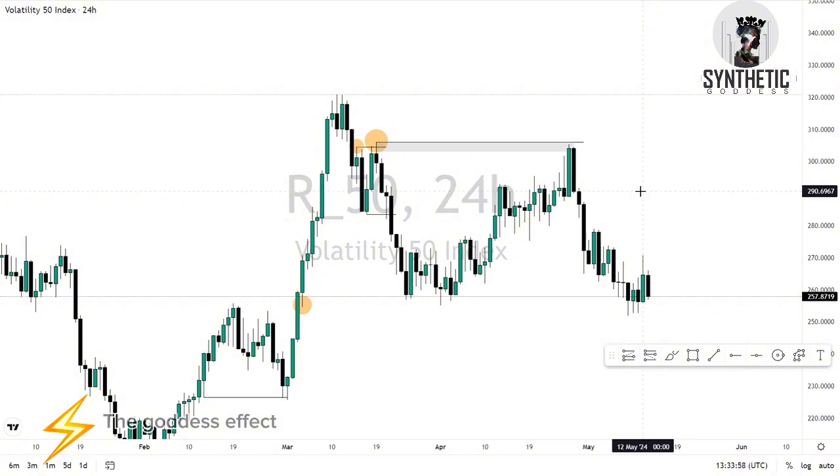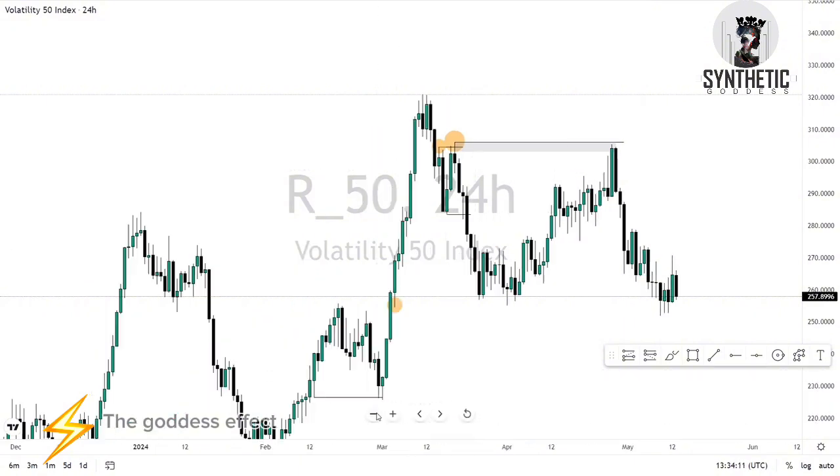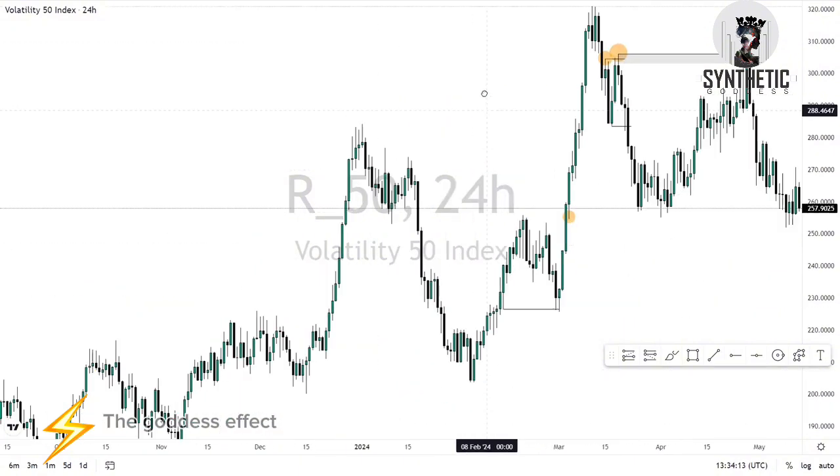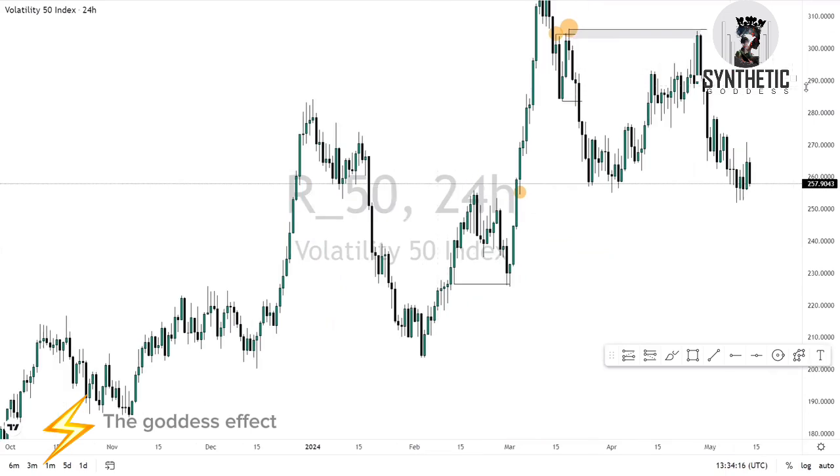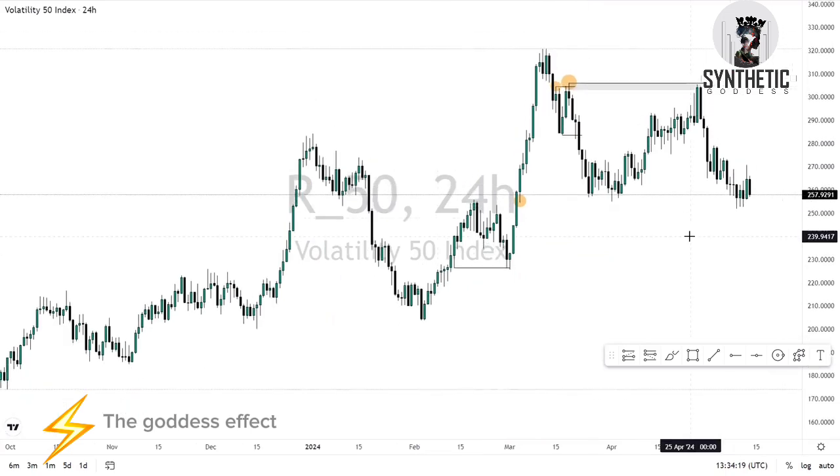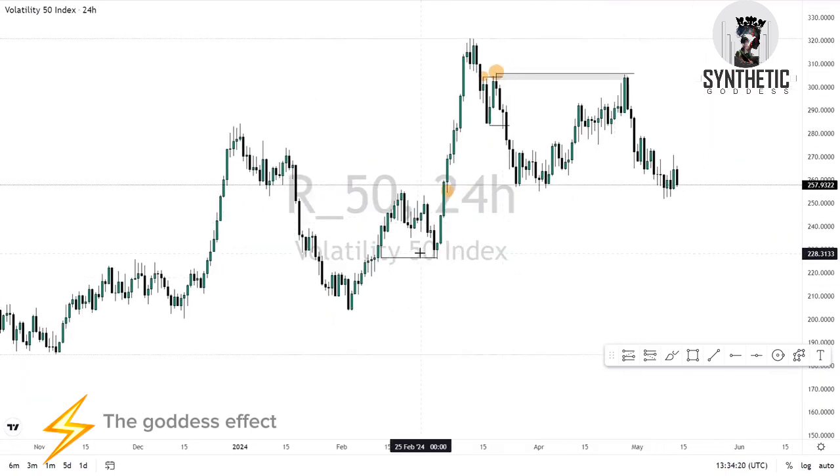So you should be able to shuffle between the lower time frame and the higher time frame, comparing one with the other. So the first way for us to identify our break of structure is when market breaks majors.